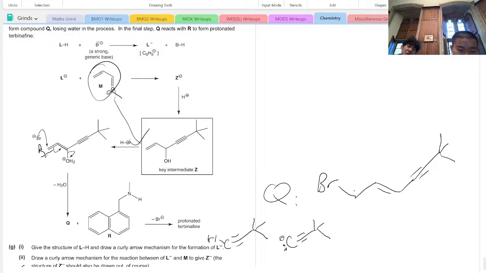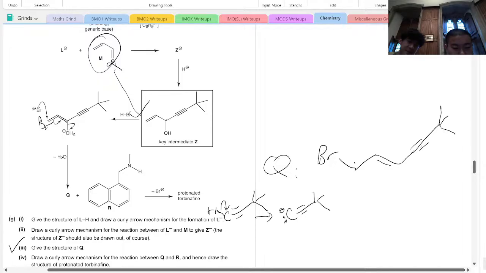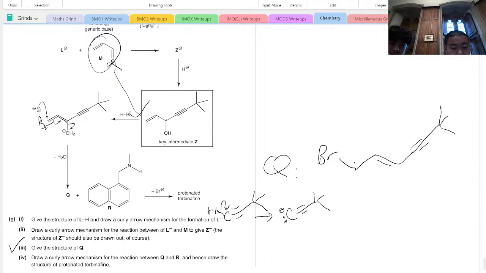Okay, so how does it react with M? Wait, we have to draw the curly arrow mechanism. So okay, it's like this. How does it react with M? That's a very interesting question.